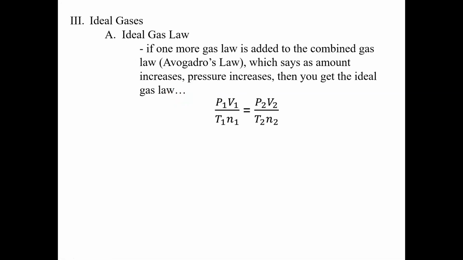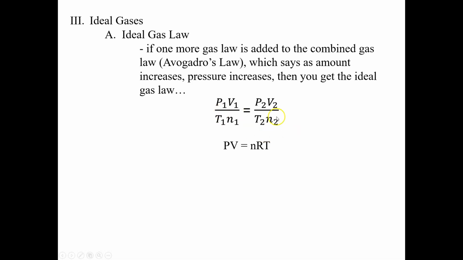So if we enter in the number of particles, that's what N stands for, the number of particles, then we have a super combined gas law, right? That has the extra variable we were missing from earlier in it. P1 times V1 over T1 times N1 equals P2 times V2 over T2 times N2.